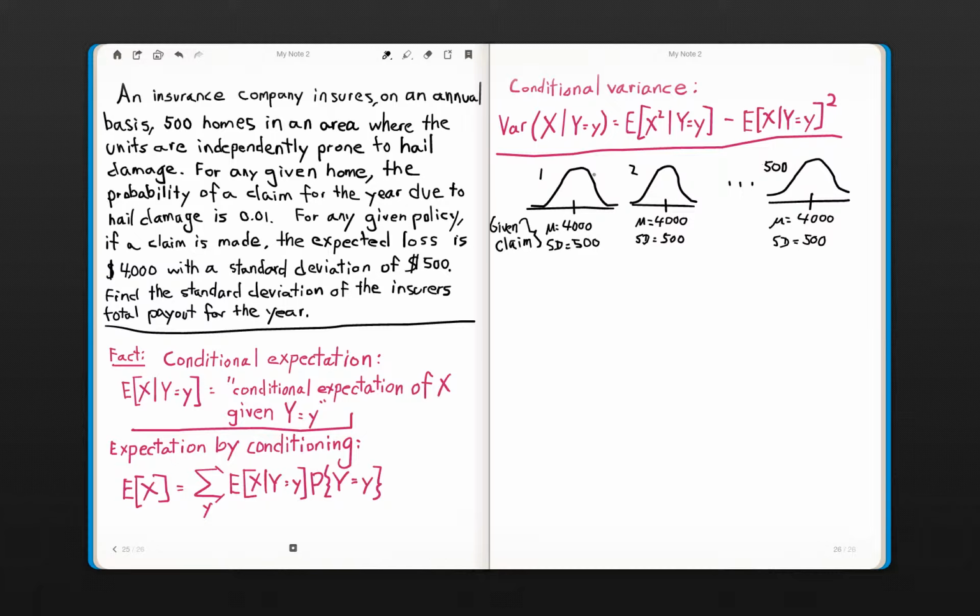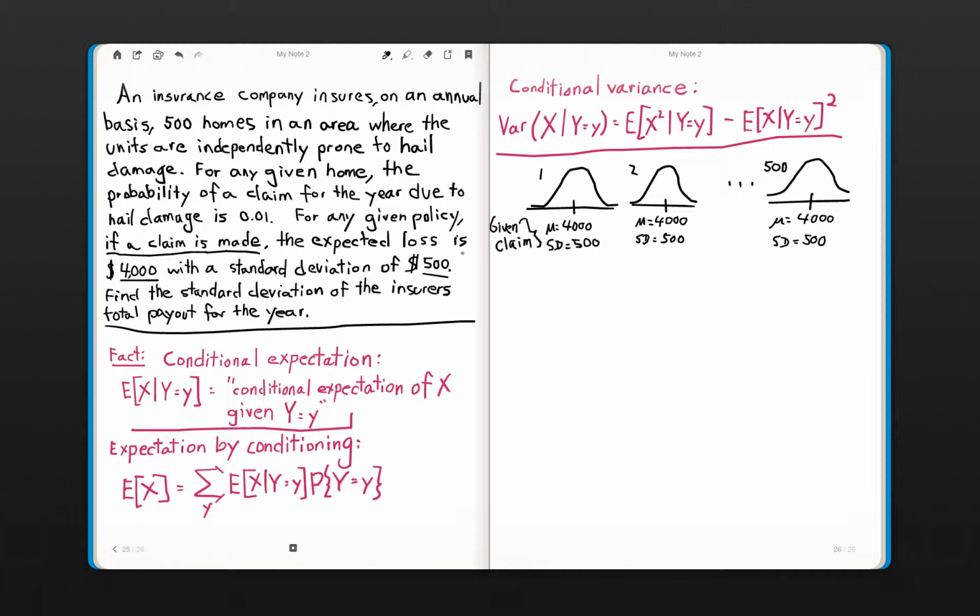So this is actually a tricky problem, and I'd like to draw your attention to something important. For any given policy, if a claim is made, then the expected loss is $4,000 with a standard deviation of $500. Okay, it's not making any statement about what happens if there is no claim.